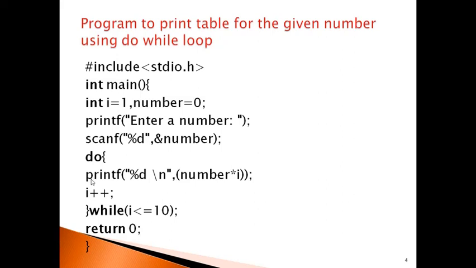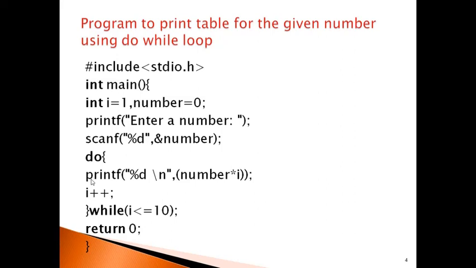Here is a program to print table for the given number using do while loop. #include <stdio.h>, int main, declaring the variables int i = 1, number = 0, printf("enter a number"), scanf("%d", &number), storing the number in the number variable.